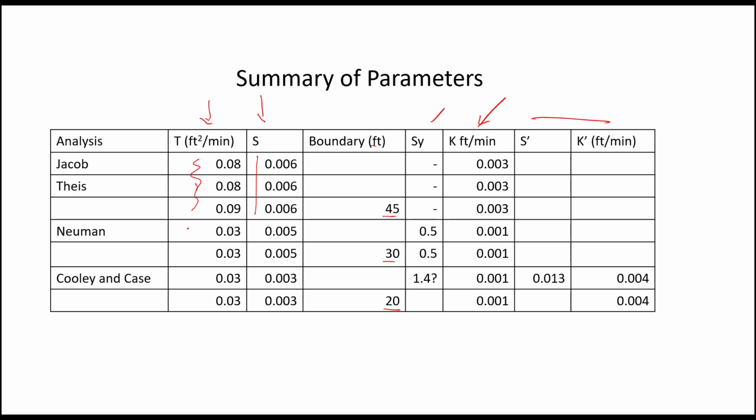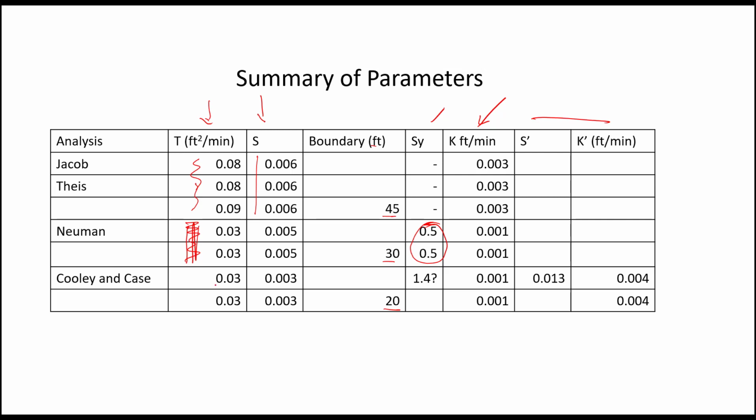And then if I assume that it's unconfined, I decrease the transmissivity by about a factor of 3, and I decrease the storativity by a little bit, but I also then have this specific yield. So one of the consequences of including the specific yield is that we reduce the transmissivity by a factor of 3 or so.